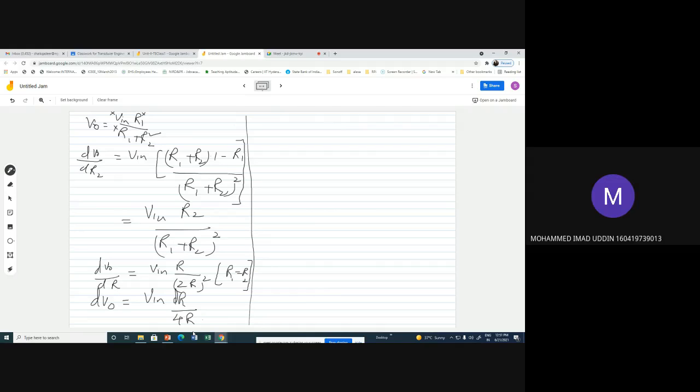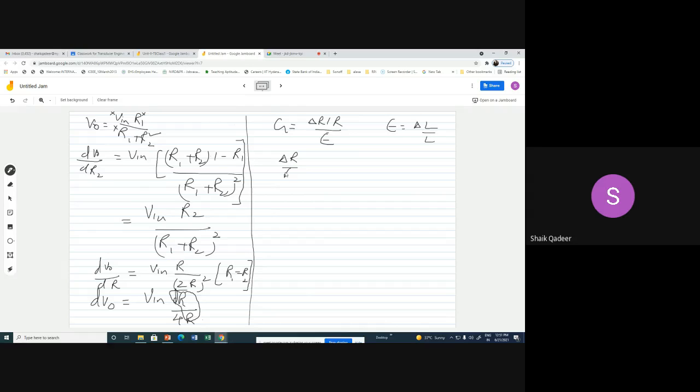Recall the equation of G. We know that G is nothing but delta R by R divided by strain, which is nothing but delta L by L, right? So can I write like this?